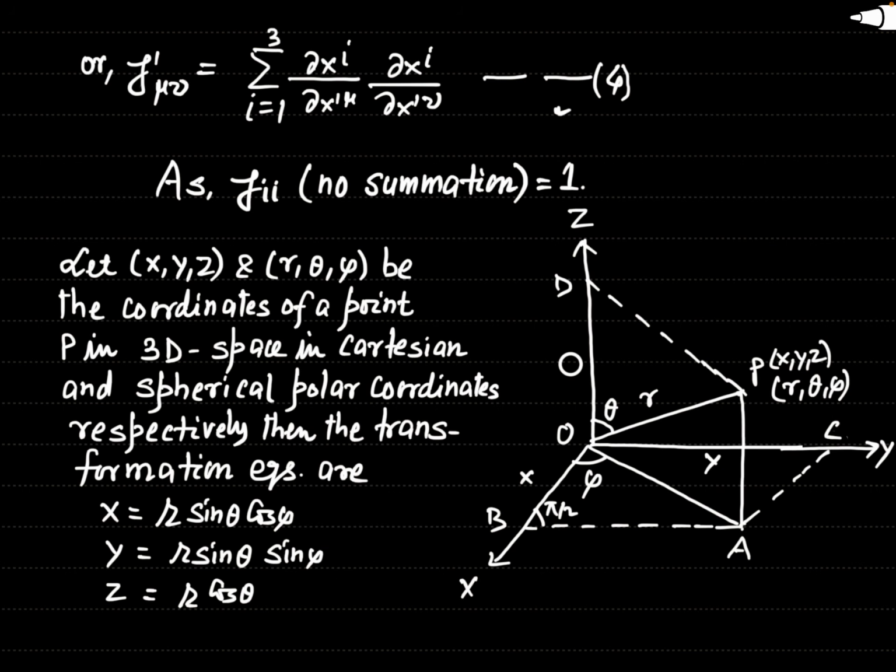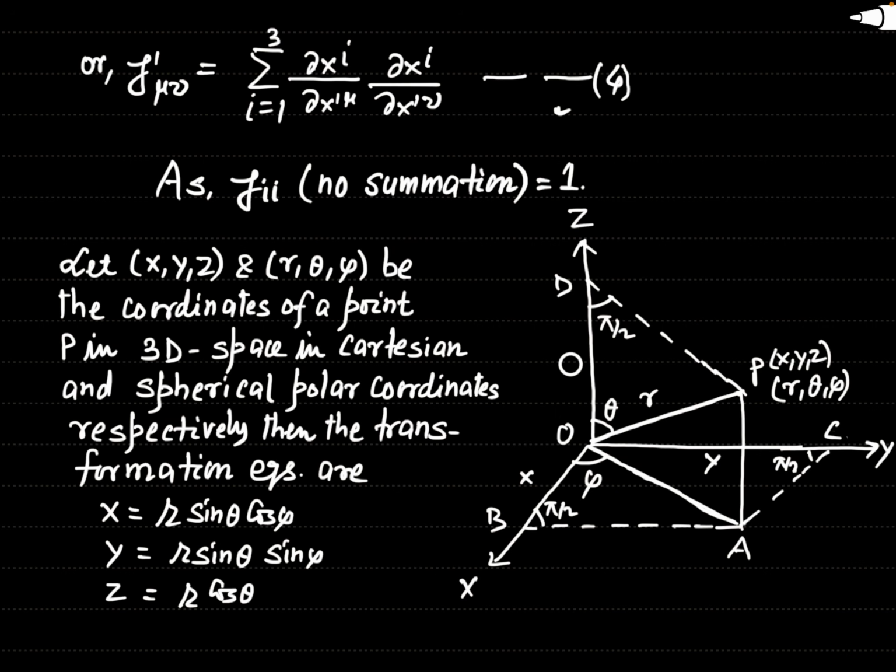Similarly, when you draw a line AC parallel to the x-axis, again this angle will be pi by 2, and join the origin O to the point A where the foot of this perpendicular falls on the xy plane. Then this OA is actually the projection of OP, or r, in the xy plane, and we draw a line PD parallel to this projection OA, so this angle is also pi by 2.